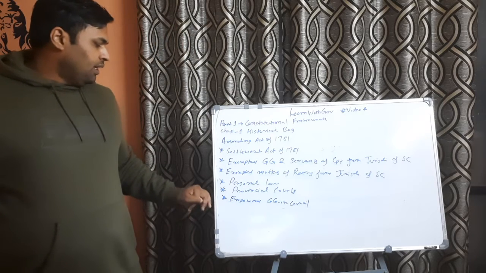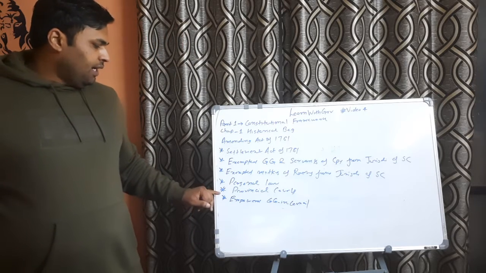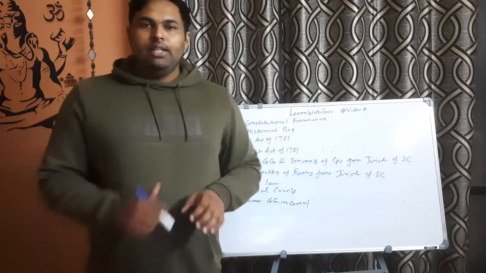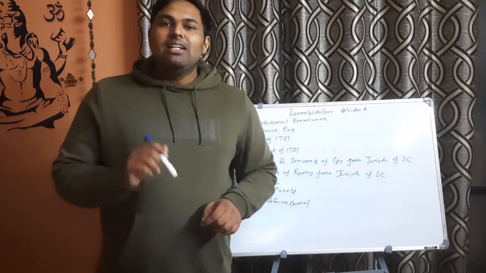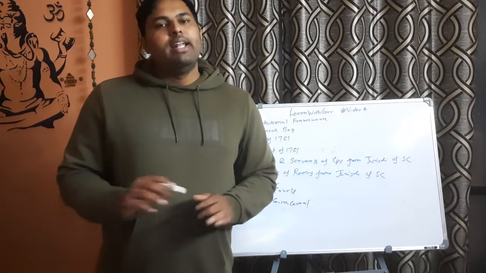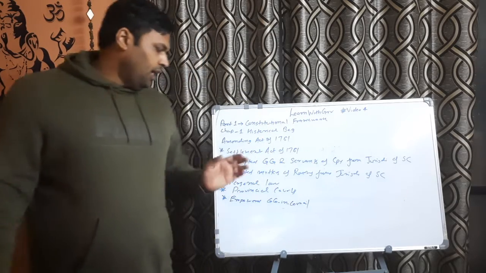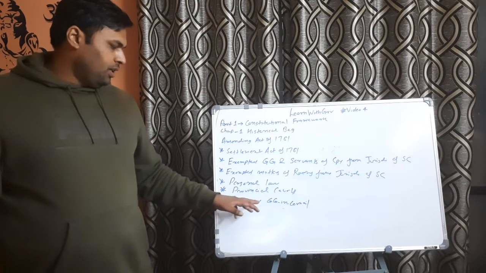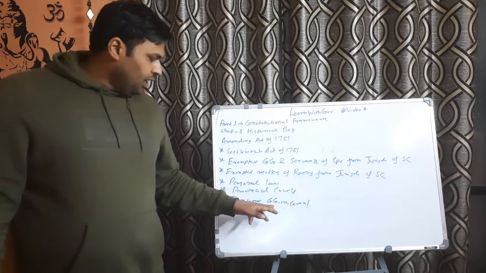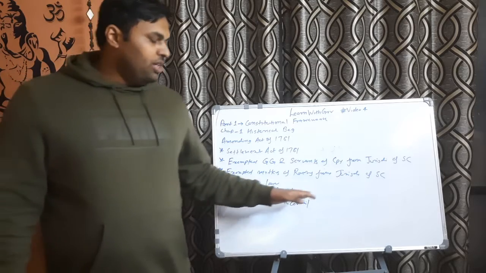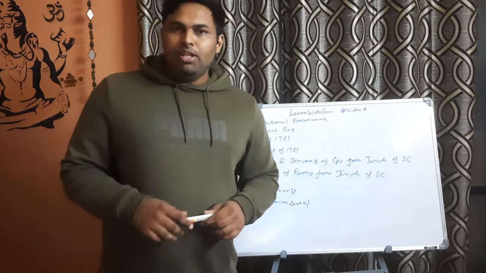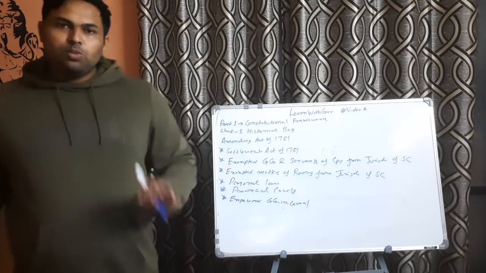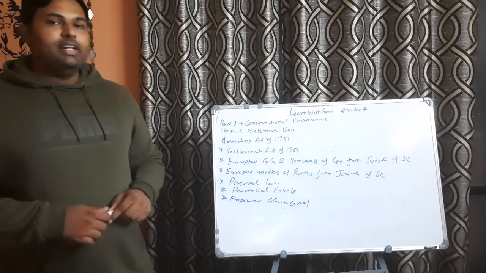Matters arising out of provincial courts would be directed to the Governor General in Council and not directly to the Supreme Court. Another important feature was that it empowered the Governor General in Council to frame regulations for the provincial courts and the councils. So this was about the Amending Act of 1781.